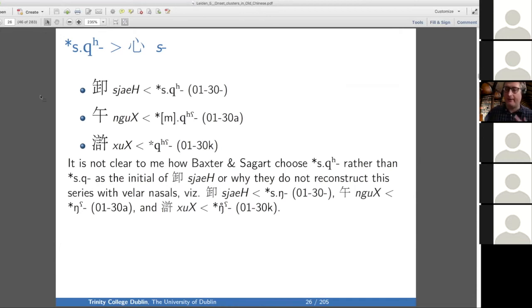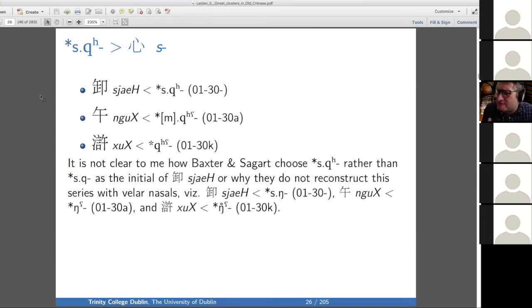So maybe this is just a case of showing you that there's a lot of flexibility in their system, right? If you just look at these three examples, you could reconstruct it as they have, SQH, MQH, and QH, or you could reconstruct it SNG, NG, and NG, sort of voiceless NG.